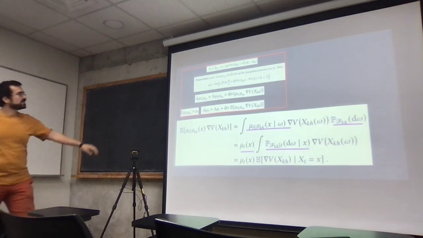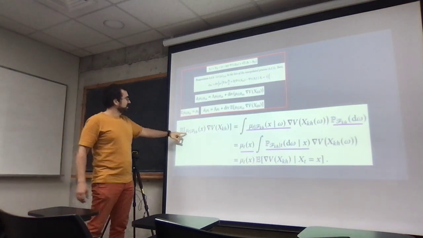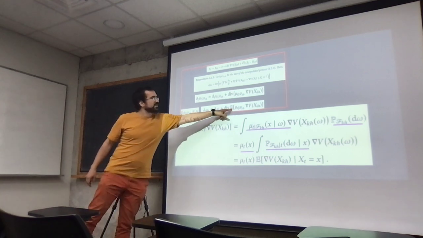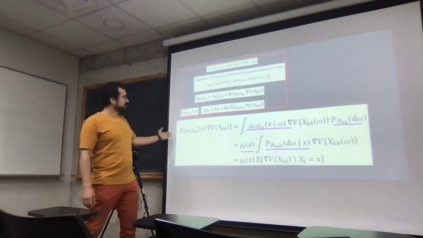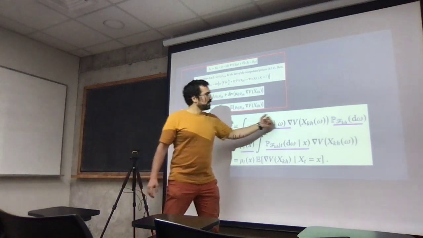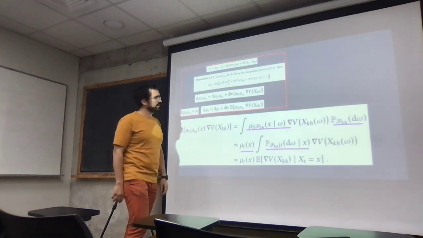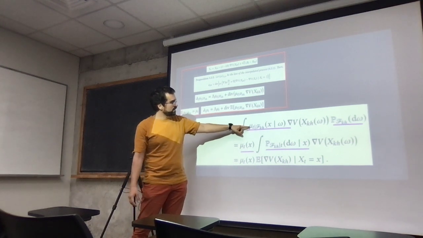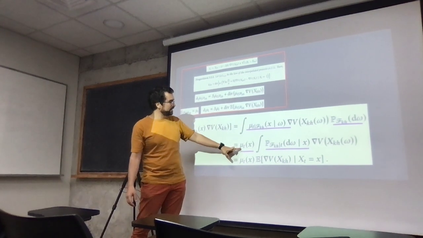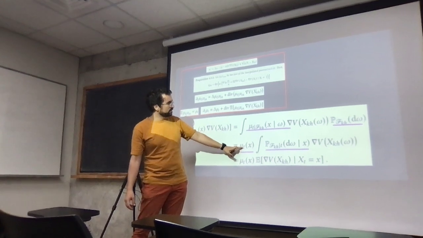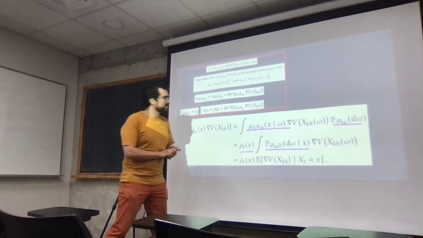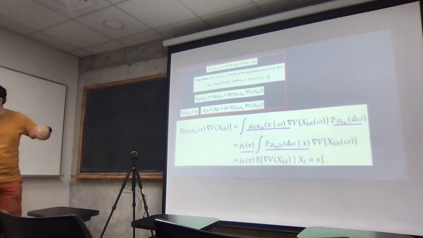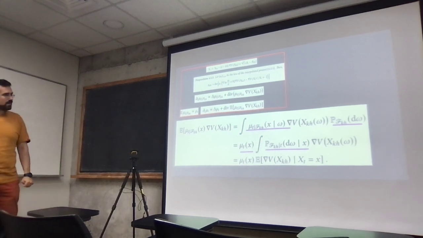Okay, so now I make this square a little bit smaller, and I look at the complicated term. So I look at the part here. If I write it out, it becomes this, and here mu_t times this probability is actually mu_t(x) times the conditional probability d mu of the conditional probability in d omega.